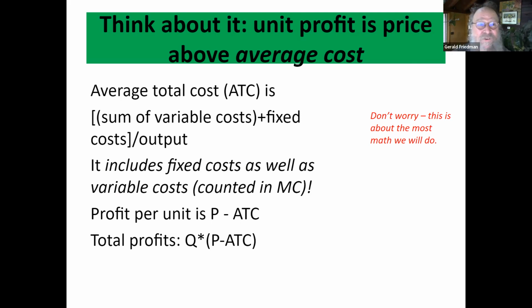Your average cost is the sum of your variable costs plus your fixed costs divided by output. Profit is price minus the average total cost, profit per unit. Total profit is quantity times this. So it's price times quantity minus the sum of variable costs plus fixed costs.